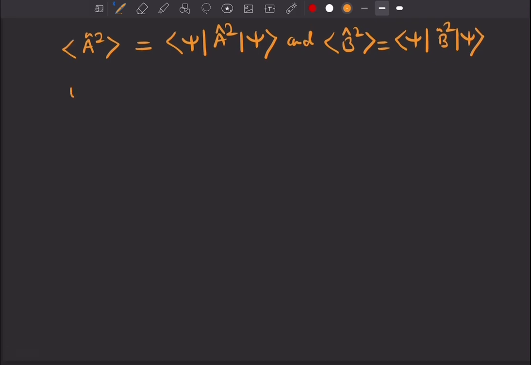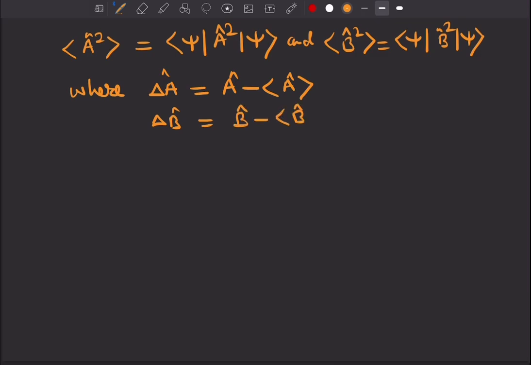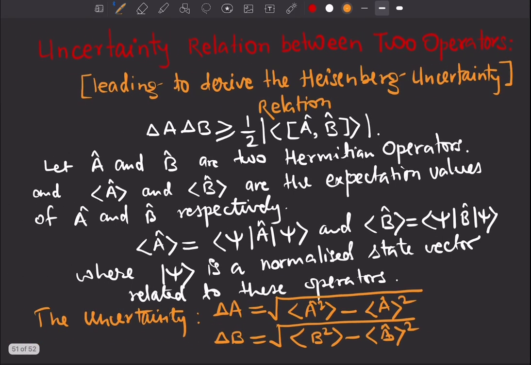Here delta A is equal to A minus the expectation of A, and delta B is equal to B minus the expectation of B. So this is equation number 2, and I will put the previous equation as equation number 1.